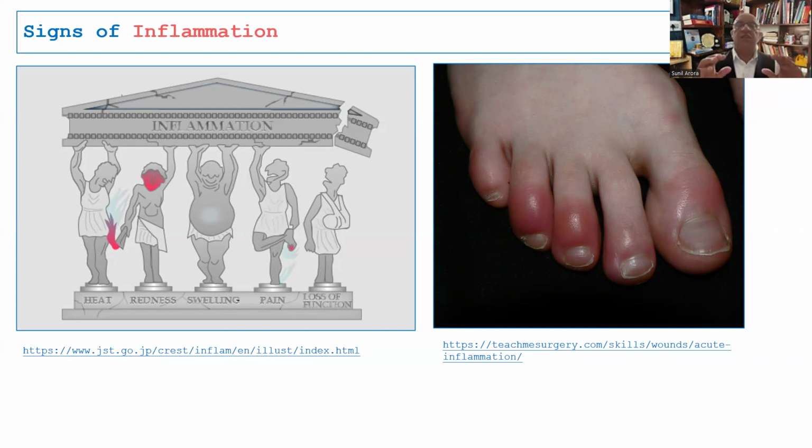So acute inflammation is basically a response of the body to infection or injury. Whereas if it is prolonged inflammation, which goes beyond some time, then it is called chronic inflammation, and it happens in many kinds of diseases.